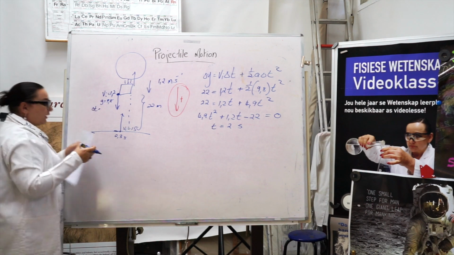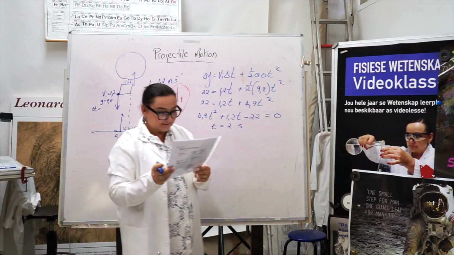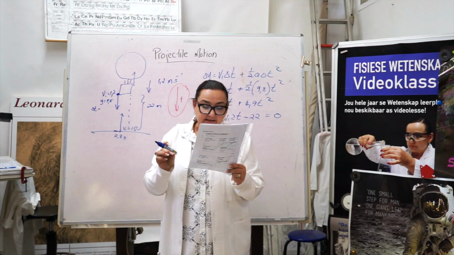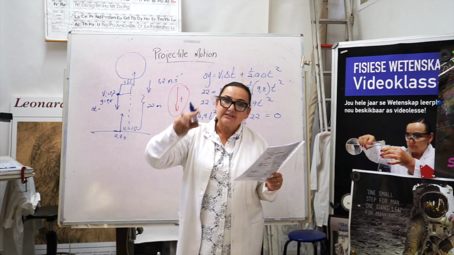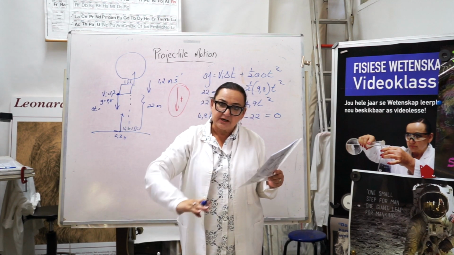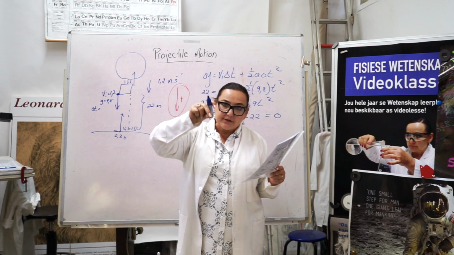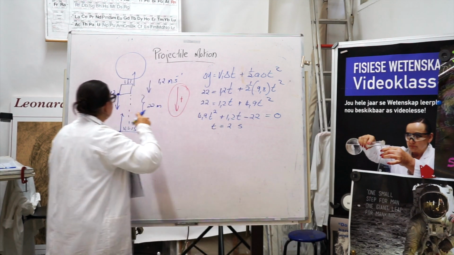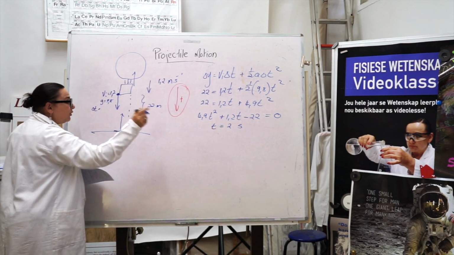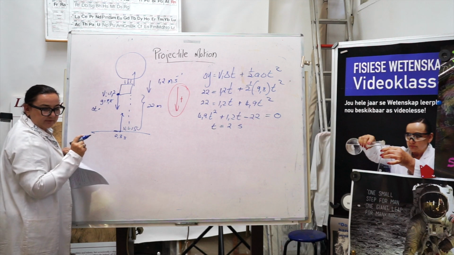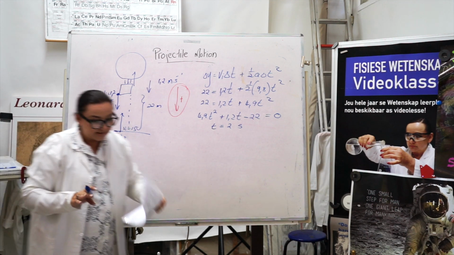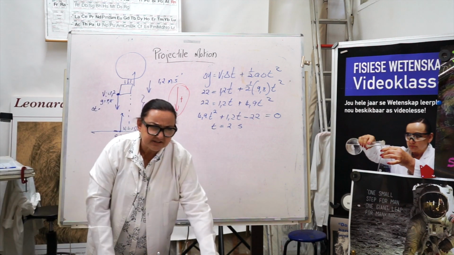Right. Now what is the question? The question is, you have to calculate how high the balloon is from the ground, from Earth, at the same point as when the ball reaches its highest point. Okay, let's just think of that again. What exactly are they saying to me?